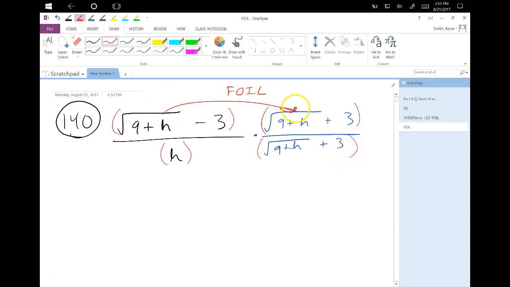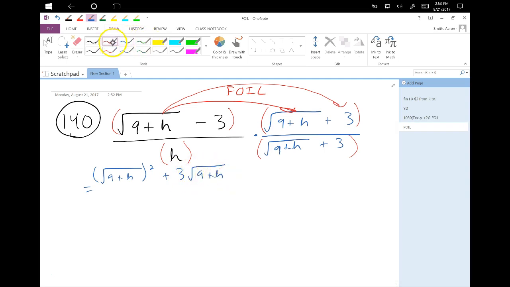So first, square root of 9 plus h squared, outer, plus 3 times the square root of 9 plus h, inner, minus 3 square root of 9 plus h, last.